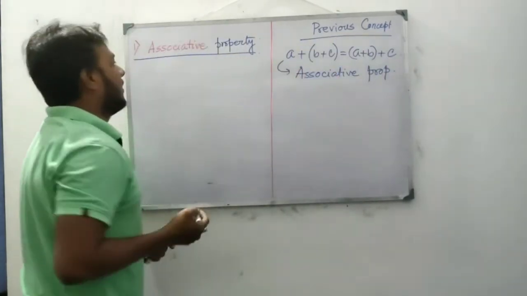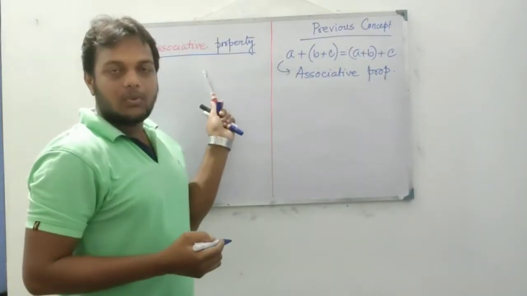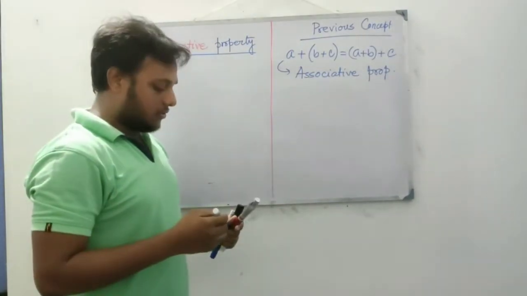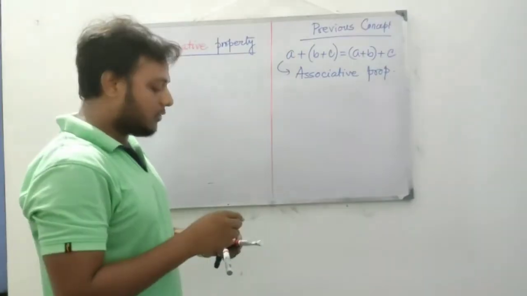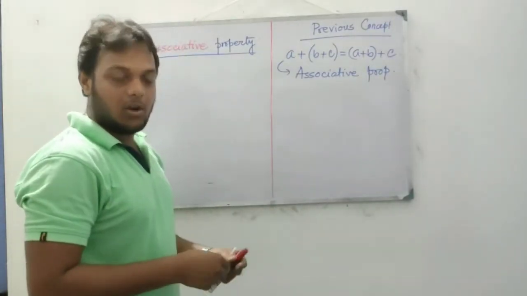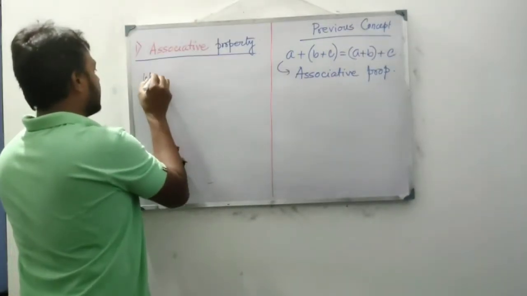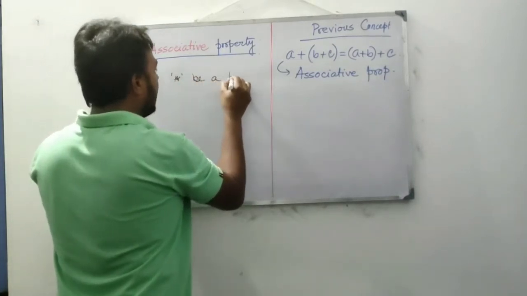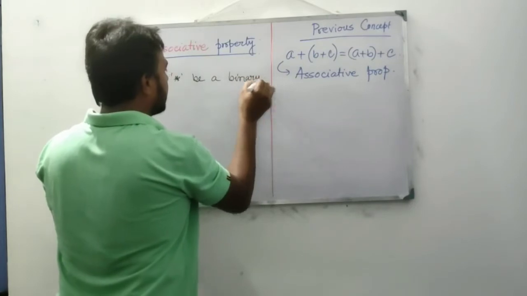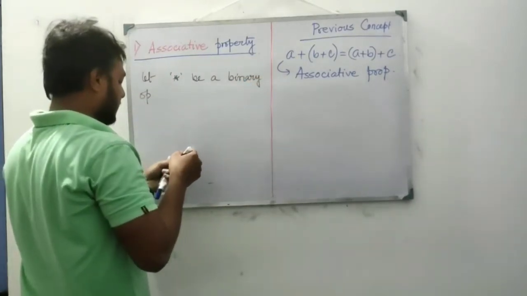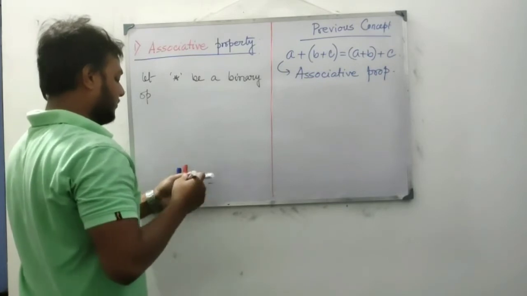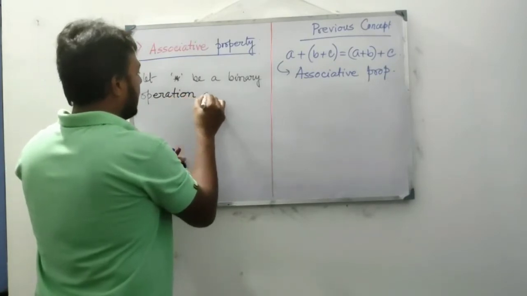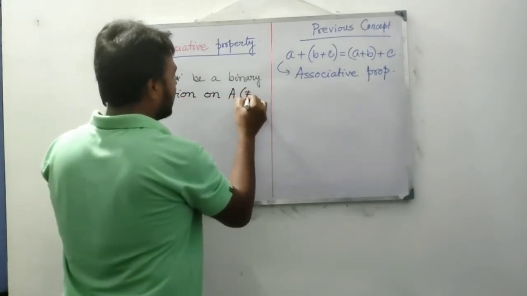So now I have introduced you to the binary operation. So we have to learn this property for binary operation. To learn for binary operation, we have to consider a binary operation. So let star be a binary operation on A, A meaning that set.